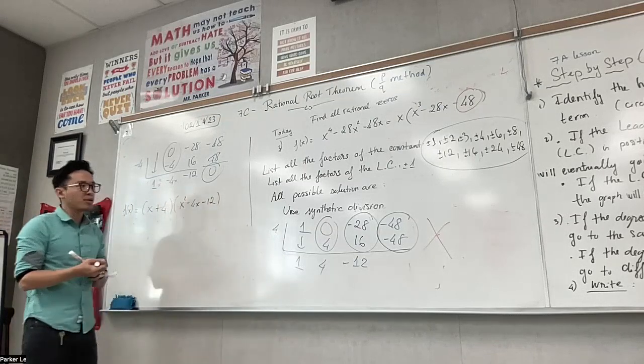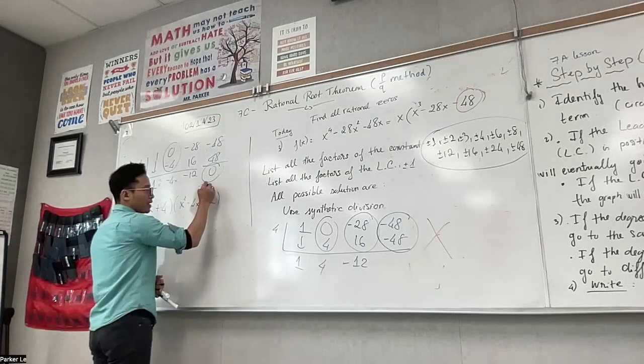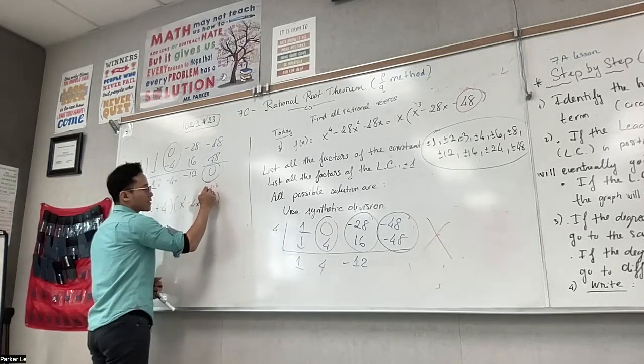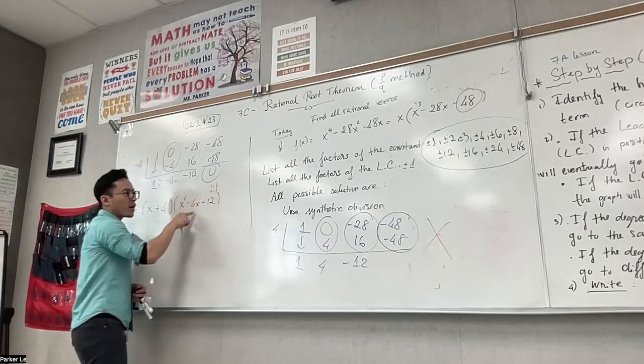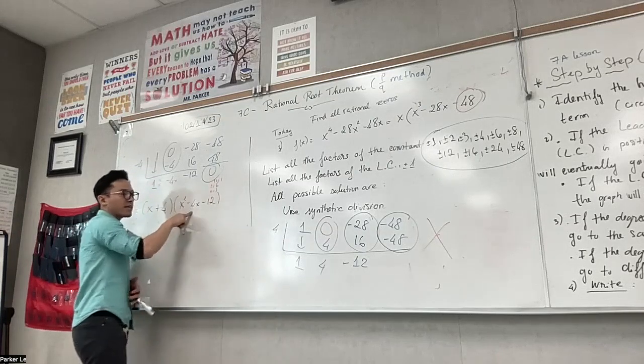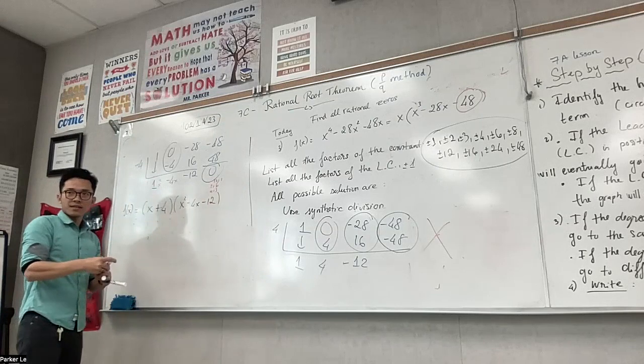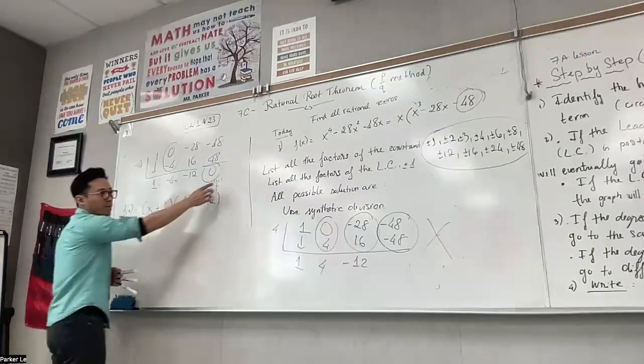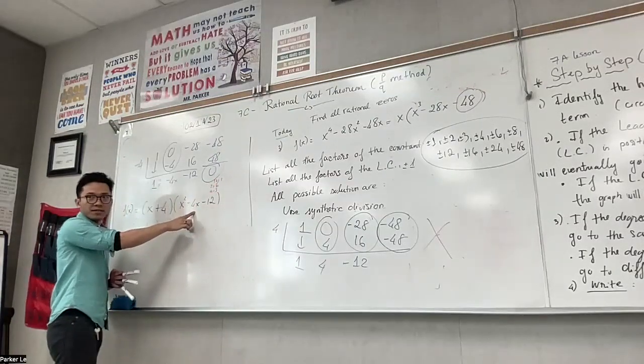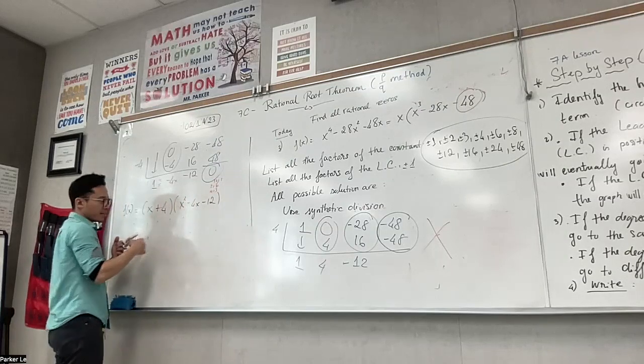So what are 2 numbers multiplied to 12? 2 and 6, 4 and 3, 12 and 1. Very good. Which pair do you think can give you 4? 2 and 6, right?